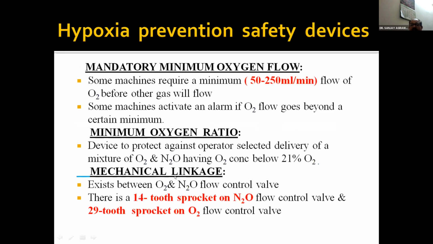And the mechanical linkage that I talked about, the Link-25 mechanism, where oxygen and nitrous are linked by a chain, and whenever we open nitrous oxide by one, the oxygen opens by two. So this Link-25 mechanism is important.